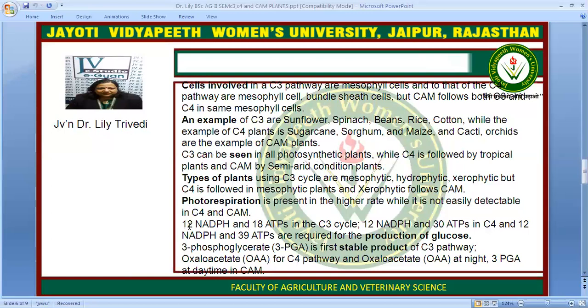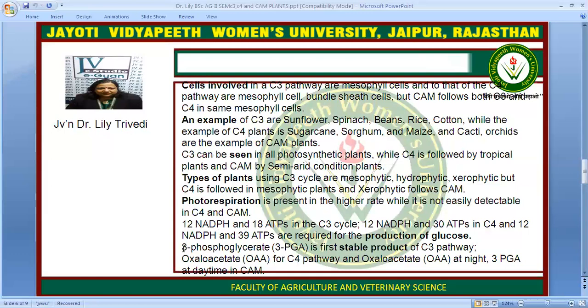Now let us discuss the energy production. 12 NADPH and 18 ATPs in C3 cycle, 12 NADPH and 30 ATPs in C4, and 12 NADPH and 39 ATPs are required in CAM plants for production of glucose.